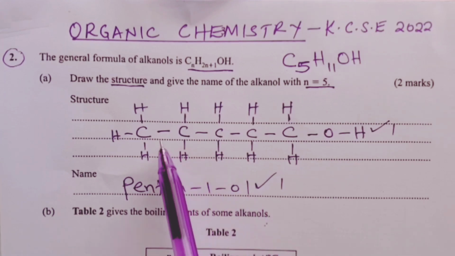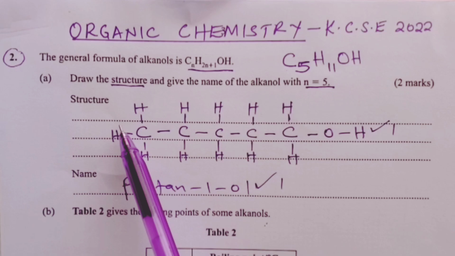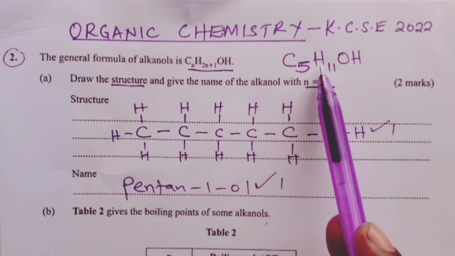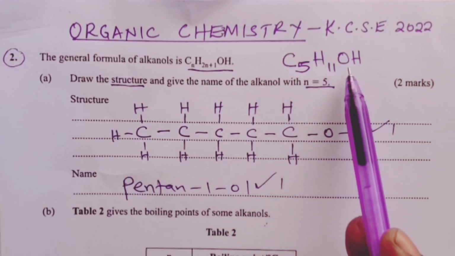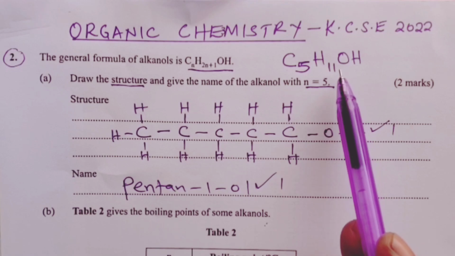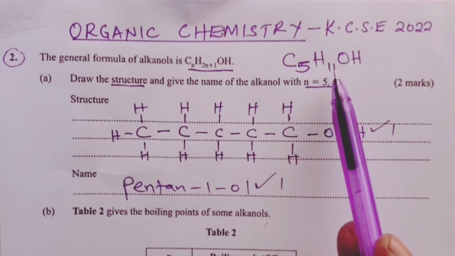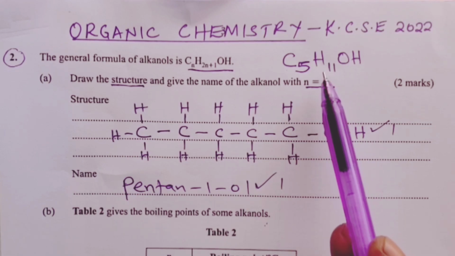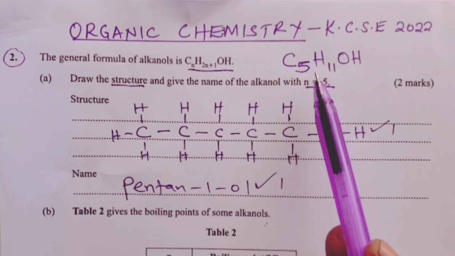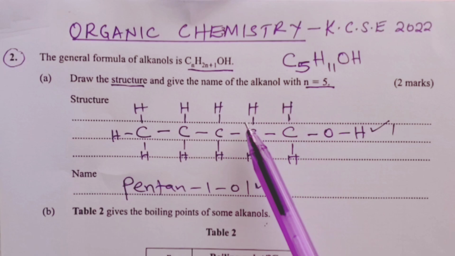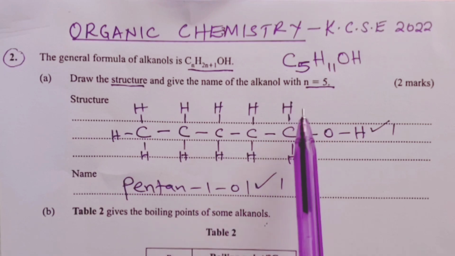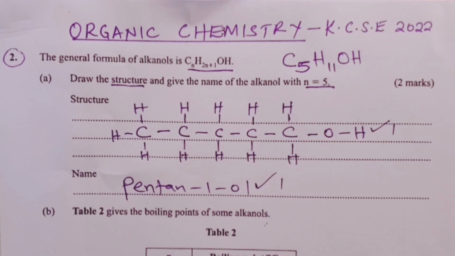Now, when it comes to the structure here, we would accept any other isomer of C5H11OH. For example, if a student drew the structure of 2-methylbutan-1-ol and any other isomer that a candidate would think of, then we would still give the mark. So we would accept the straight chain alkanol with 5 carbons and any other branched isomer of the same.